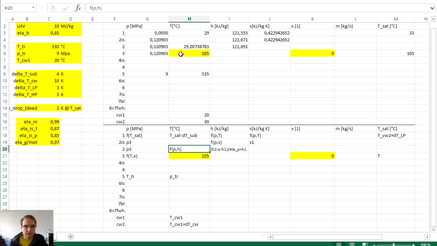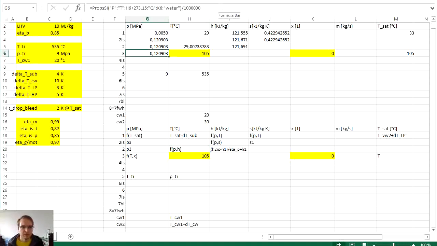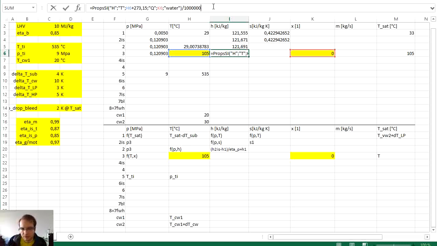So now we have point number 3, where we already know two thermodynamic parameters, temperature and quality. As we obtained pressure from it, basically in the same sense we can get the enthalpy. We want enthalpy as H, and the enthalpy has units kilojoule per kilogram, so in the end it's divided by 1000.